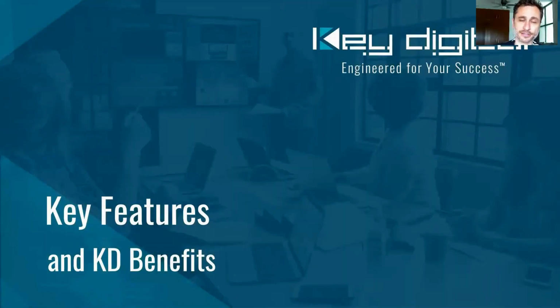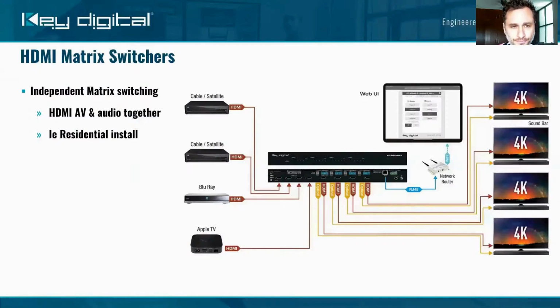Let's now look at the key features and benefits of these products. First of all, as I mentioned, the independent AV routing. Here, what we're looking at is a typical residential scenario where you have one display per zone.